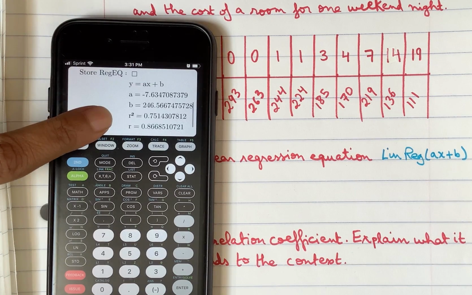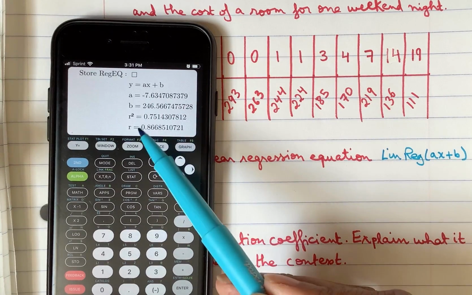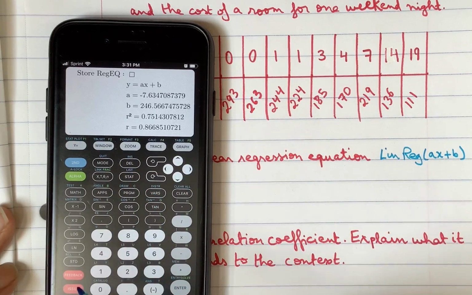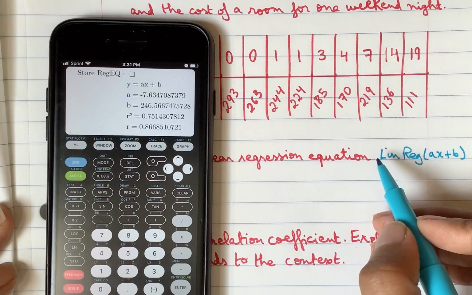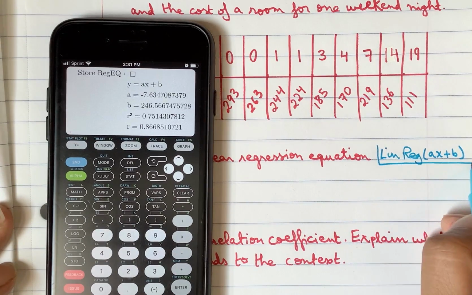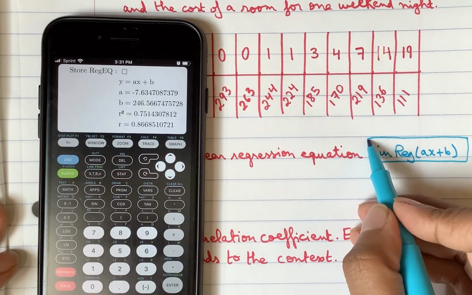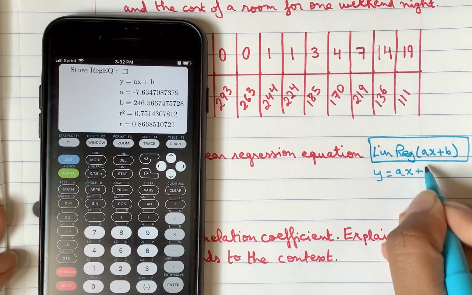And well, this is the equation of a line, and it's telling you the a value, b value, and r. So the first thing, it's always a good idea to jot this information down, okay? So this was our functionality, and when I hit all that, I'm going to just jot down what I received. I got y equals ax plus b.